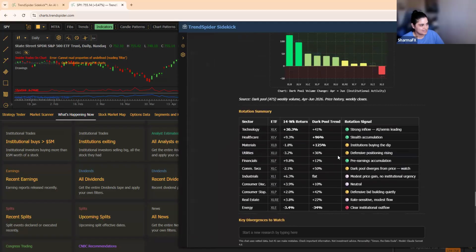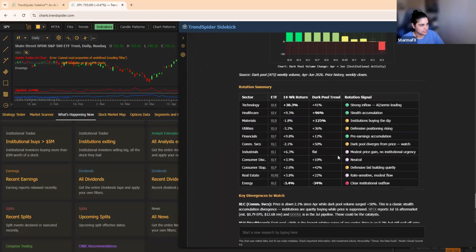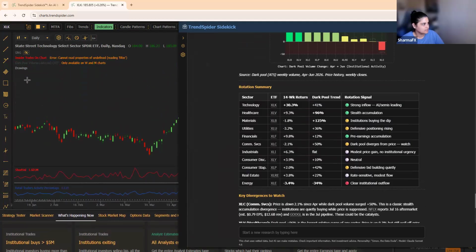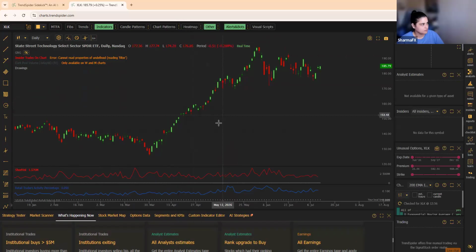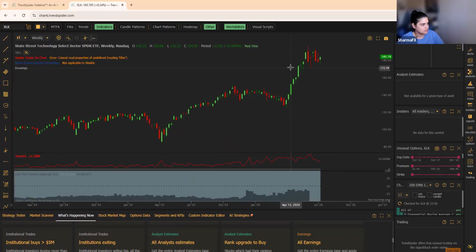And so I see that right now. The rotation summary seems to be, this is my technology sector ETF here, and I am seeing a strong inflow with AI semis leading. Confirm that with the charts here. So I got my daily. I also have my weekly with a nice little flow. So this is the pre-positioning, right?